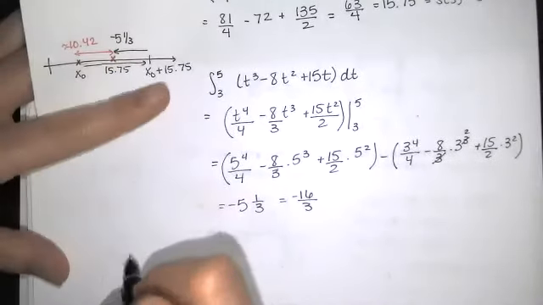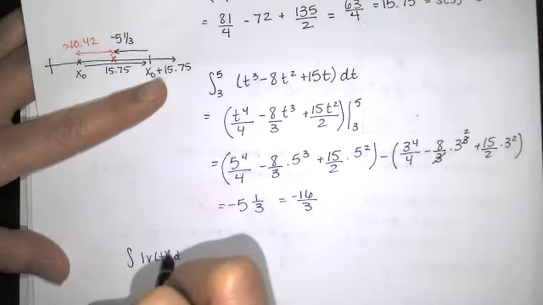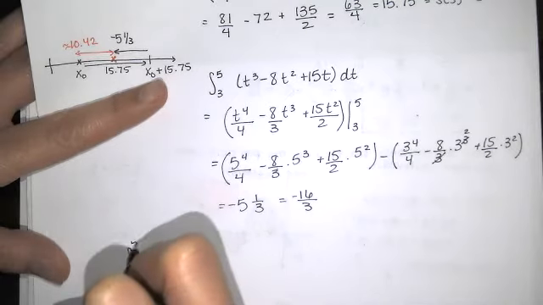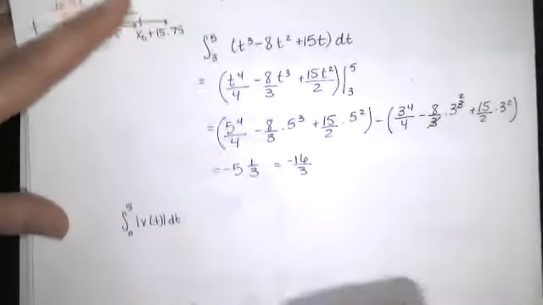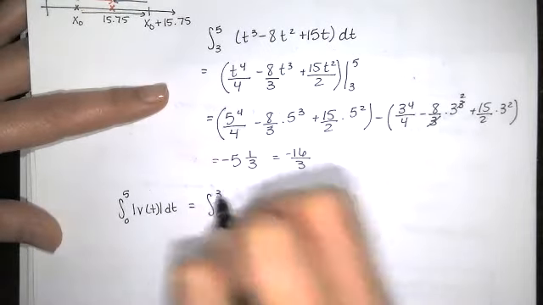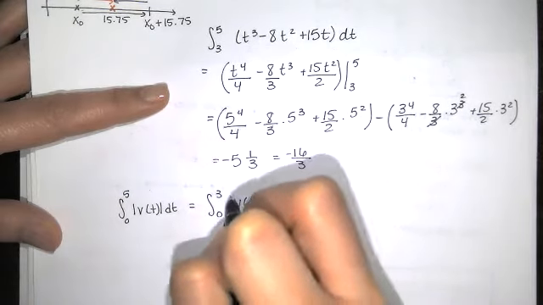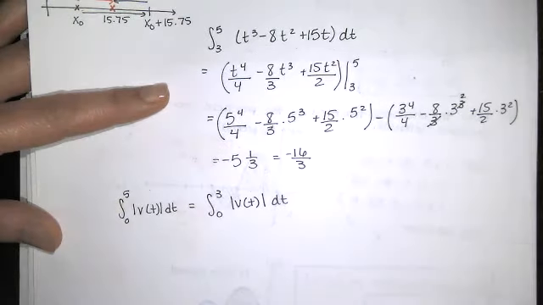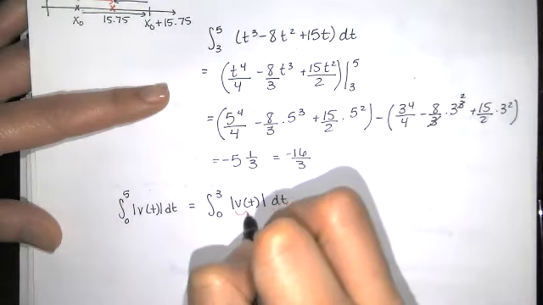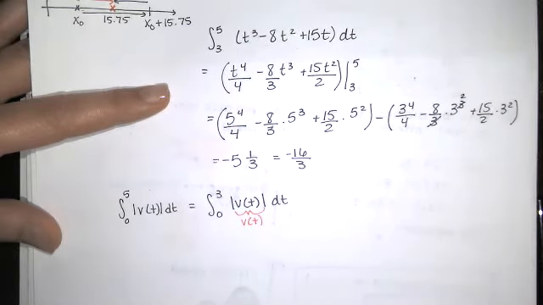So we have the absolute value of the velocity function on the interval from 0 to 5. That's the integral of the speed function, the integral from 0 to 3 of that velocity function. This happens to be equal to v of t because v of t is positive on that interval.